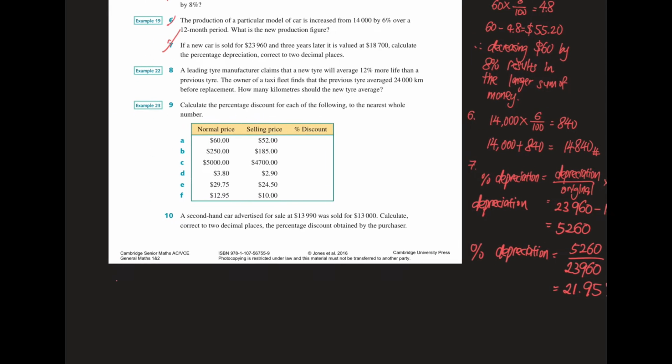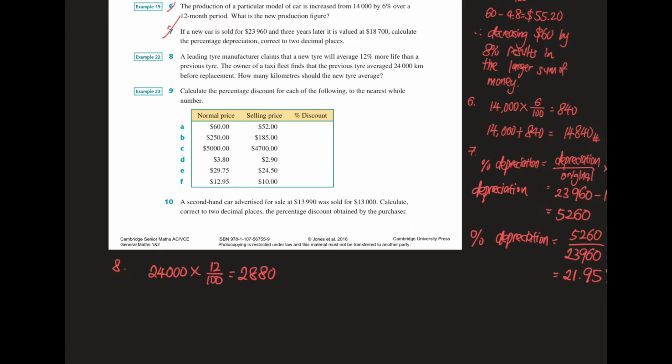So 24,000 times 12%. Let's work it out. We get 2880. And after that, we add up 24,000.